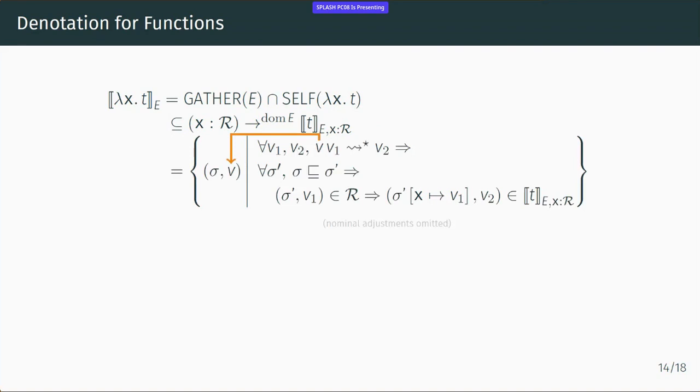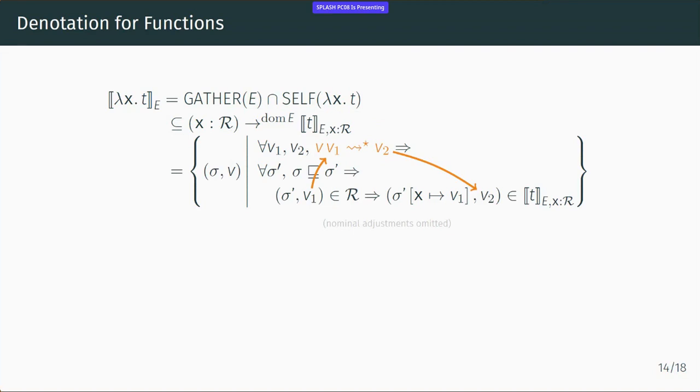So what does it look like, this arrow type? Well, it's a relation that's composed of a pair of an input sigma and a function v, for which I will consider all the possible applications. For every argument v1 and any outcome v2, I will make sure that if v1 is in the input relation, then v2 must be in the output relation.